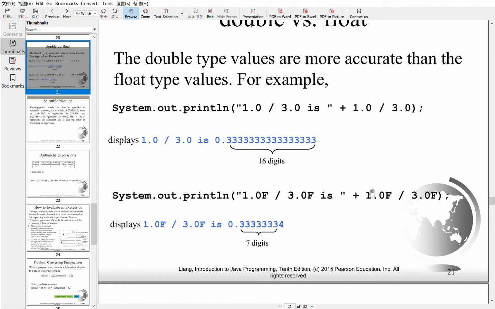So from this slide we can know the double type values are more accurate than the float type values.